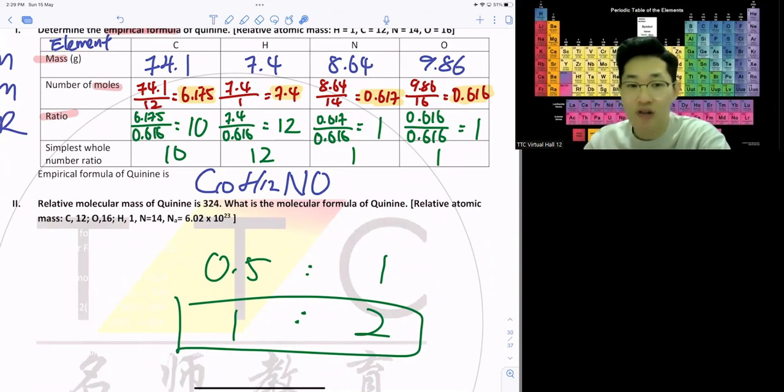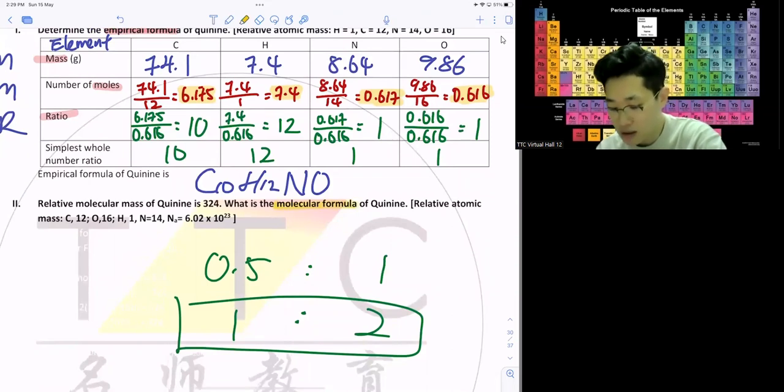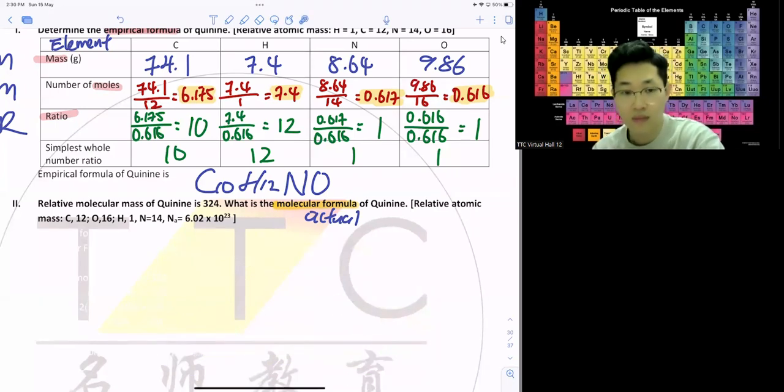Okay, we got the empirical formula ready. Now, we have to find the molecular formula, the actual formula. They say that the mass for the actual formula is 324.